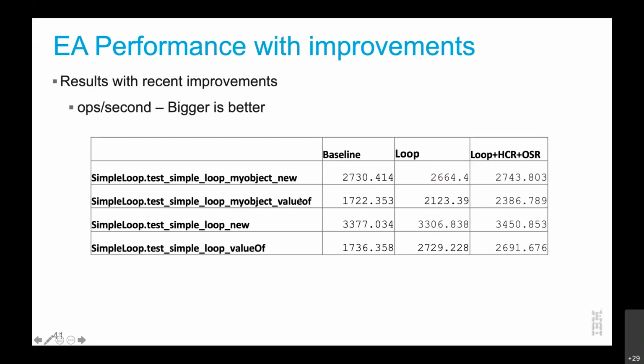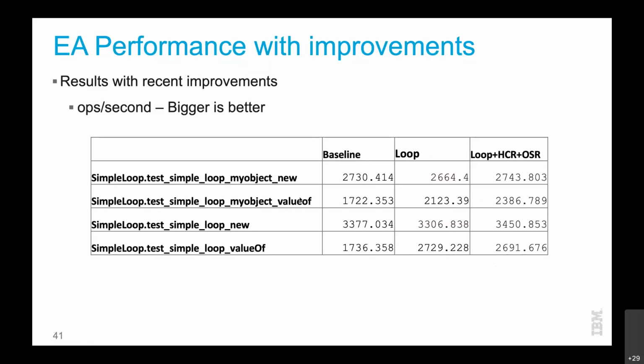And there's a whole raft of these micro benchmarks, and there are still some issues that have been detected on some of those, so there's still room for further improvement.